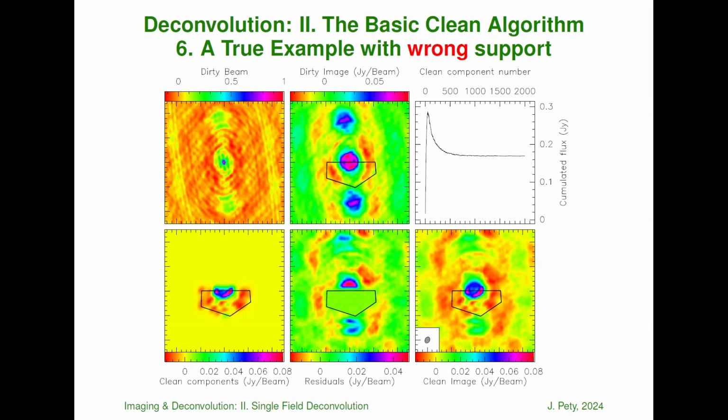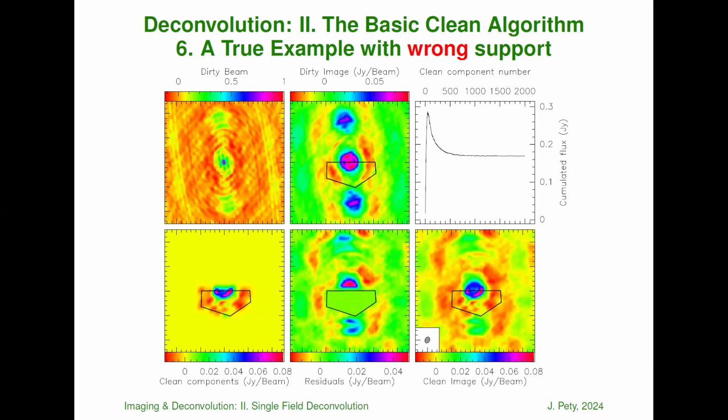Of course, this is a caricature, but it is to let you understand that a wrong support will bias your clean image. And you see that your clean component curve has a strange behavior, and that in the residual you still have a signal.